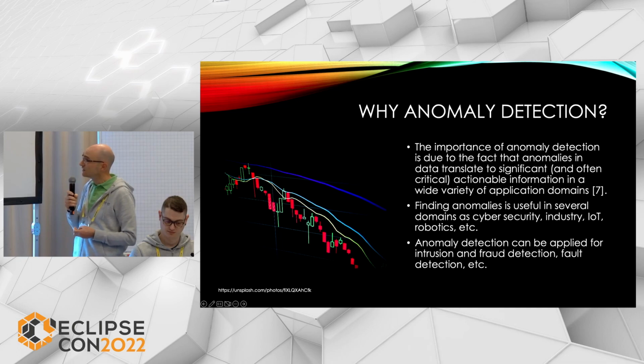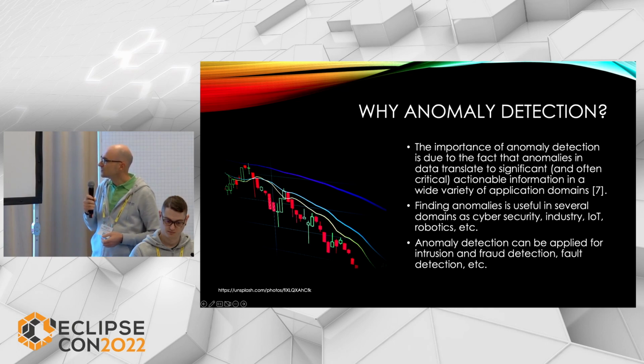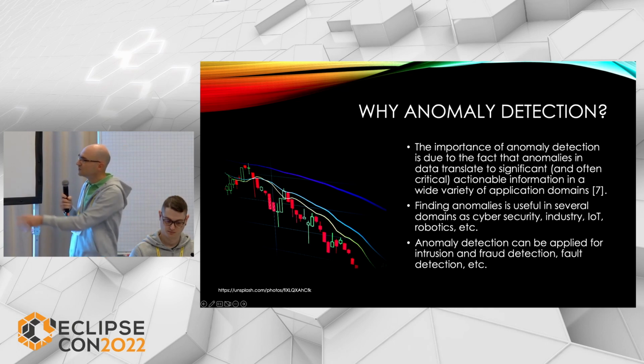So when we have detected one, we can act to recover the correct behavior of our system. Anomaly detection is very important in different domains like cybersecurity, industry, robotics, for intrusion and fraud detection, fault detection and so on.